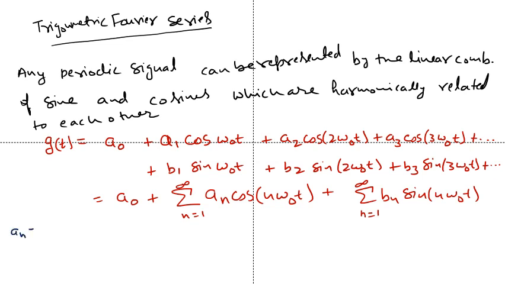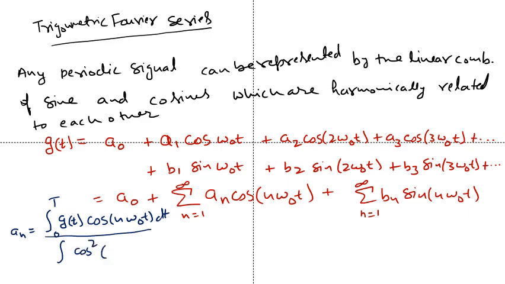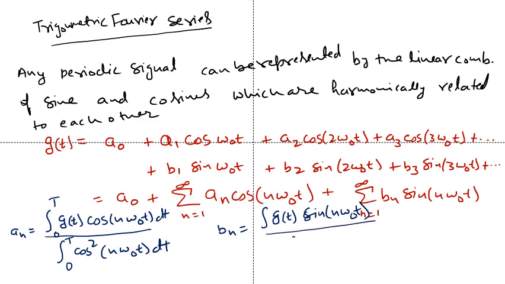An will be nothing but the inner product of g(t) with cos of n omega naught t dt, this is the numerator part, divided by the integral of cos square n omega naught t dt, where t is from 0 to capital T. And similarly Bn will be equal to the integral of g(t) sine n omega naught t divided by the integral of sine square n omega naught t.